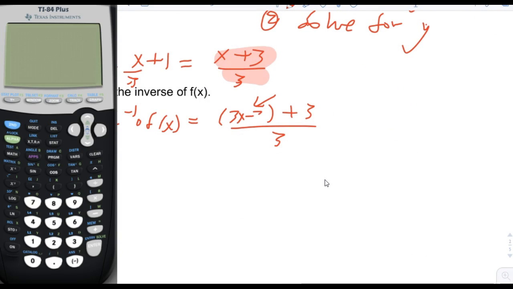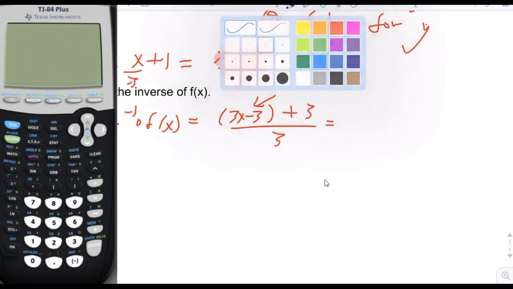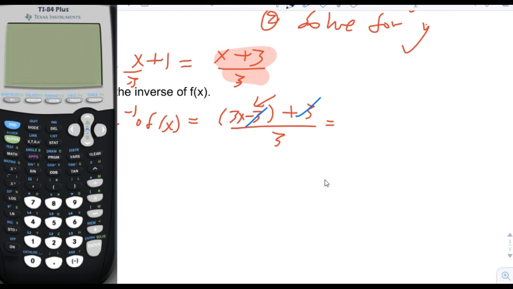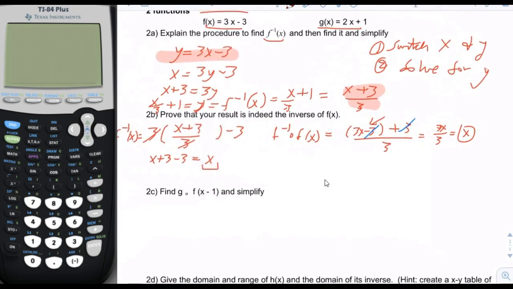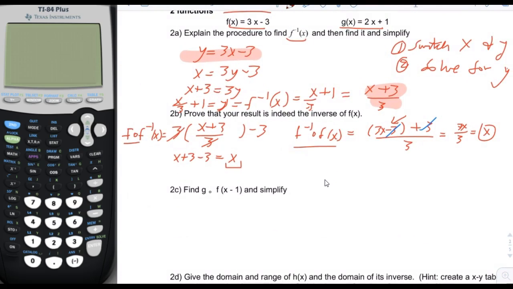We cancel out the negative 3 with the positive 3, and then on the top we have 3x, divided by 3 on the bottom, and that is equal to x. That has proven that in both directions you just get the input back. So we have proven that the result is the inverse of f of x.